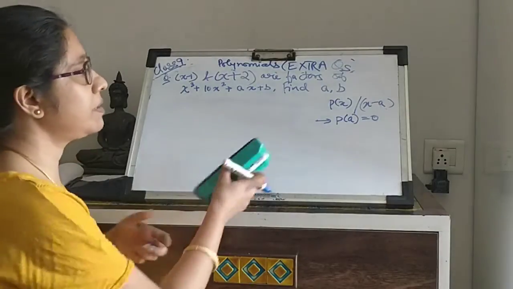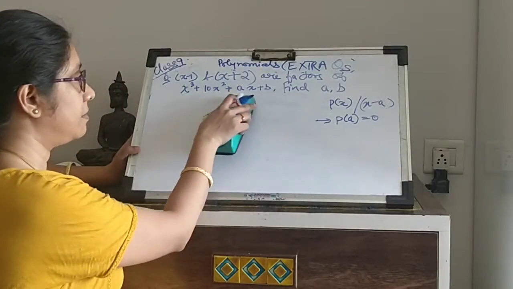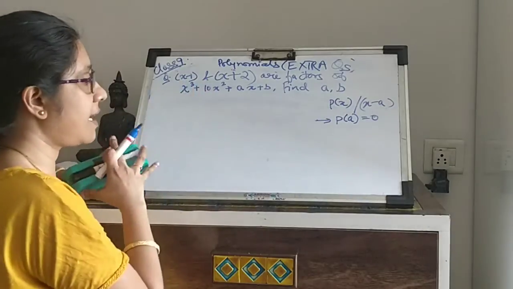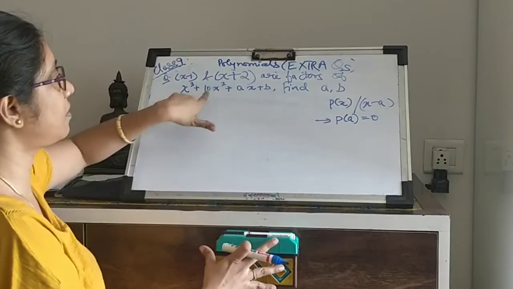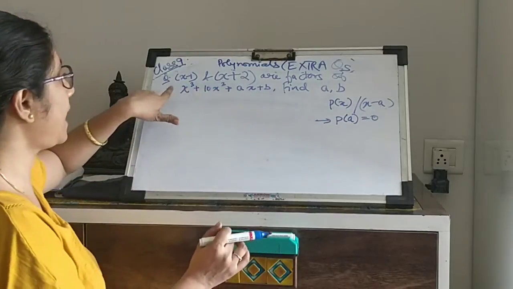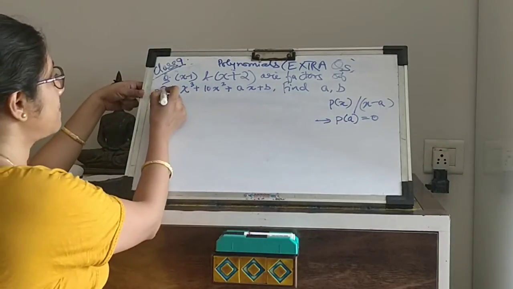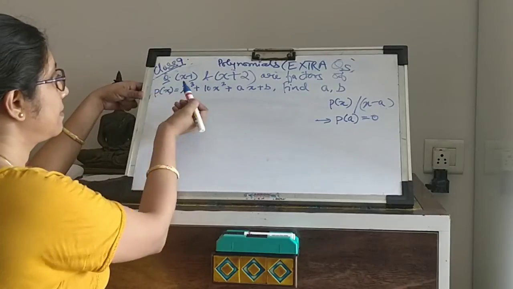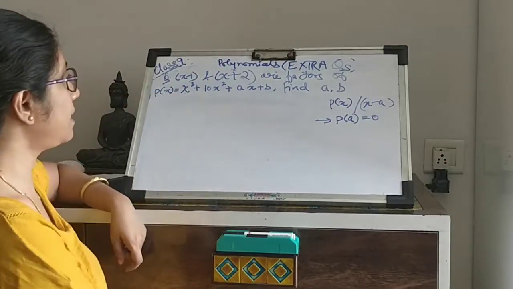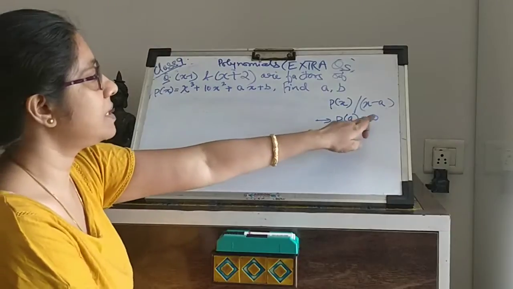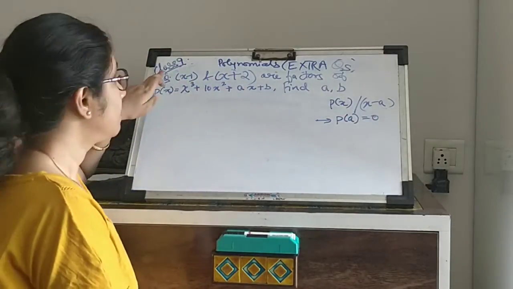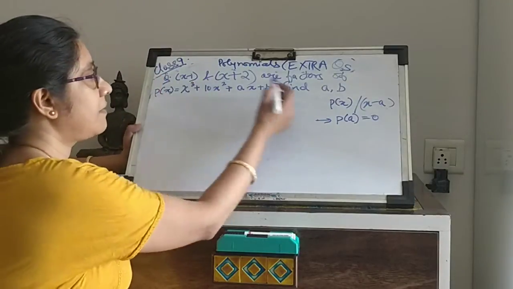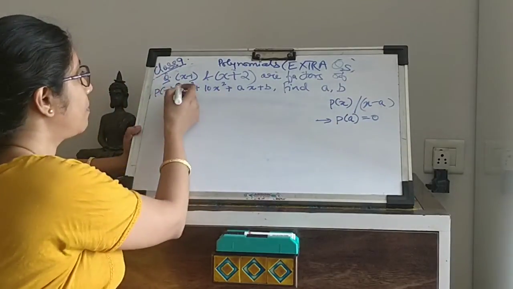Okay? So we will be using this factor theorem here. It says that x minus 1 and x plus 2 are two factors of this polynomial. Let's write it as px. So that means pa will be 0 for x minus 1 and x plus 2. So x minus 1, if we relate it with x minus a, what does it say?